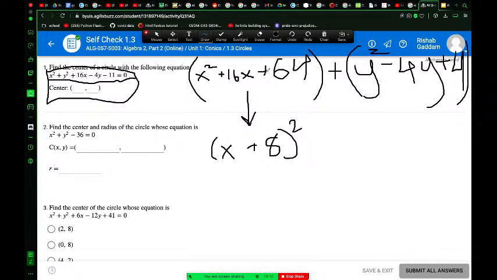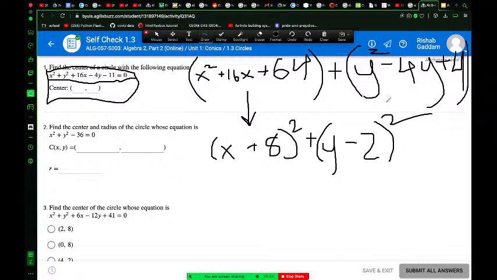That's why you divide by 2 and square it, because you add that number over here. Then we can do the same for the y part, but instead of positive 2 we have y minus 2, because it's a negative number. So we have y minus 2 squared.